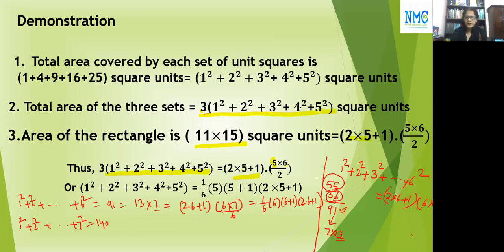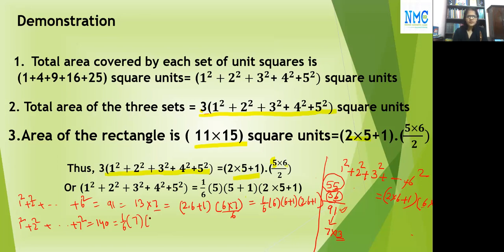Okay, so this 140 on the right hand side can be written as 1 by 6. So let me just check it, 7, right?